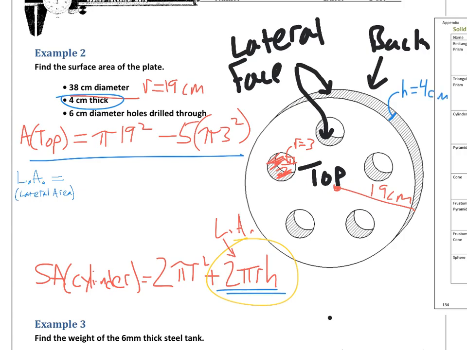So if we want to find this area all the way around this metal disc, all the way around the whole side, then we need to use that formula, 2 pi r(h).